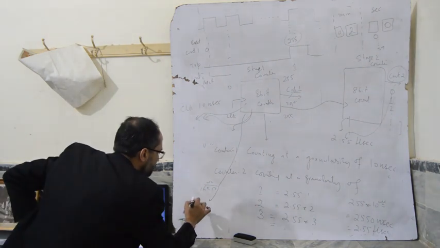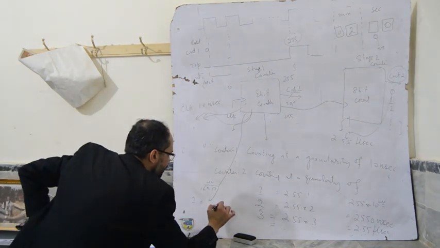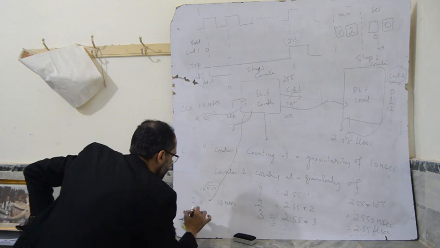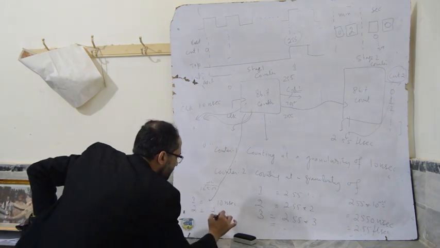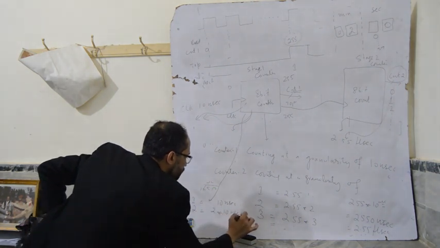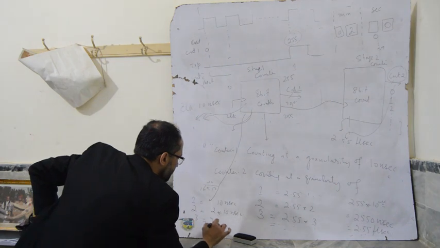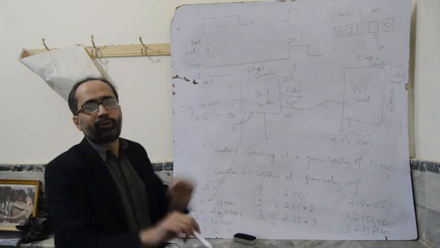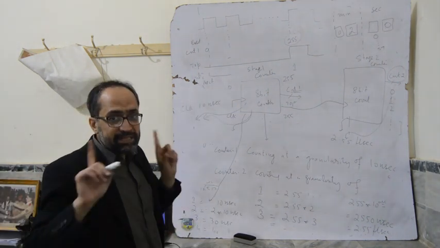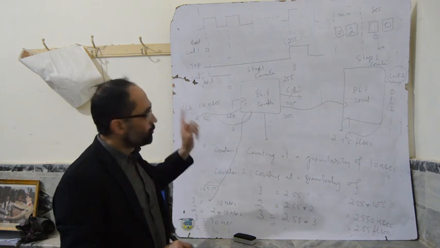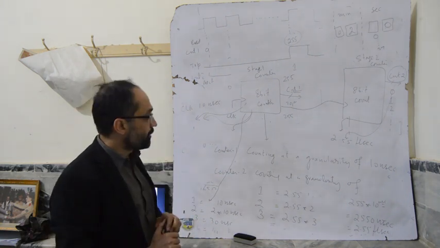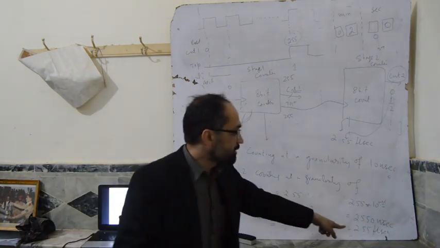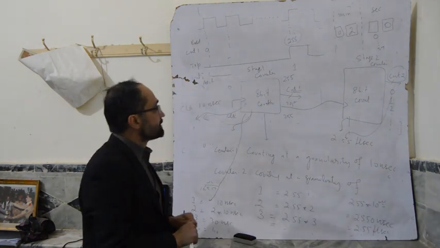If it is 2, that is 20 nanosecond, and 3 is 30 nanosecond. If the count is 4, it will be 40 nanosecond. It reaches the maximum value, that is 255. So 255 multiplied by 10 is 2550 nanosecond, and this is equivalent to 2.55 microsecond.